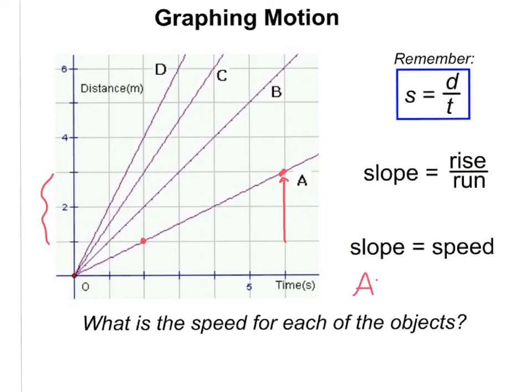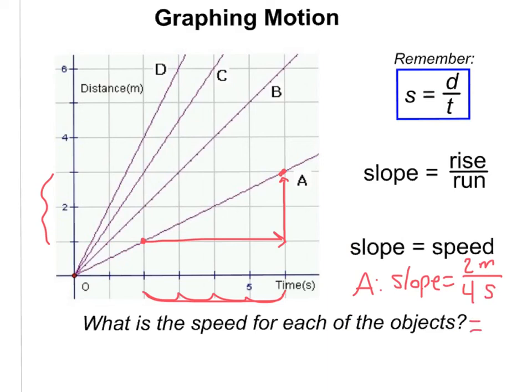So for A, we know that the slope is going to be 2 meters for the rise. And what's the run? Right here. How far is that? That is 1, 2, 3, 4 seconds. 2 meters over 4 seconds. Well, that is just 0.5 meters per second for A.